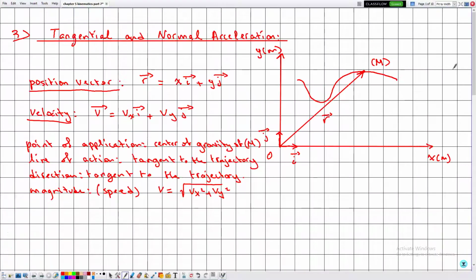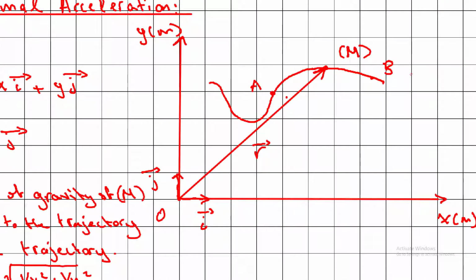Notice that if you consider here the point A, this part of the trajectory can be approximated as a circle.